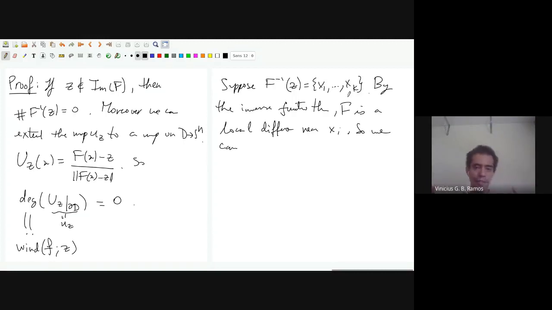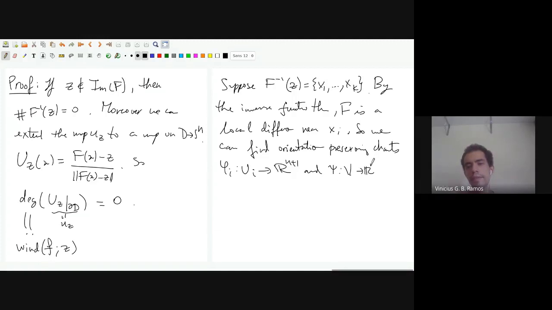But because I'm worried about orientation a little bit, I want to only look at charts that preserve orientation. So we can find orientation preserving charts phi i from a neighborhood of xi to R^(n+1) and psi from V to R^(n+1).